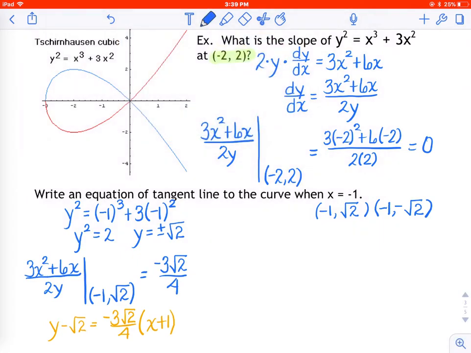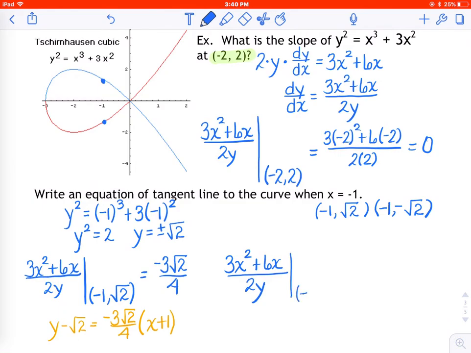So on the second one, we need to go back and get the slope at the other point. And the slope at the other point doesn't look like it's the same as it is at the first point. So at the higher point, (-1, square root of 2) looks like it should have a negative slope, and ours did. But at (-1, negative square root of 2), it looks like it should have a positive slope.